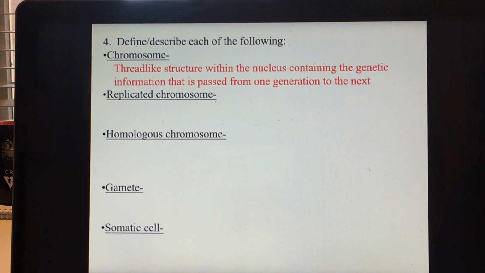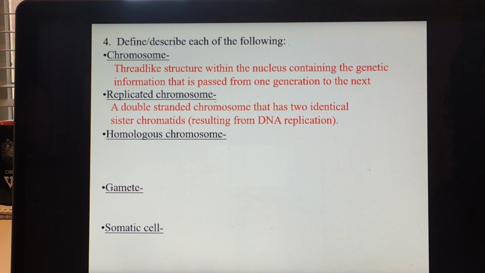A chromosome is a thread-like structure within the nucleus containing genetic information that's passed down from one generation to the next. A replicated chromosome is double-stranded and has two identical sister chromatids that result from DNA replication.